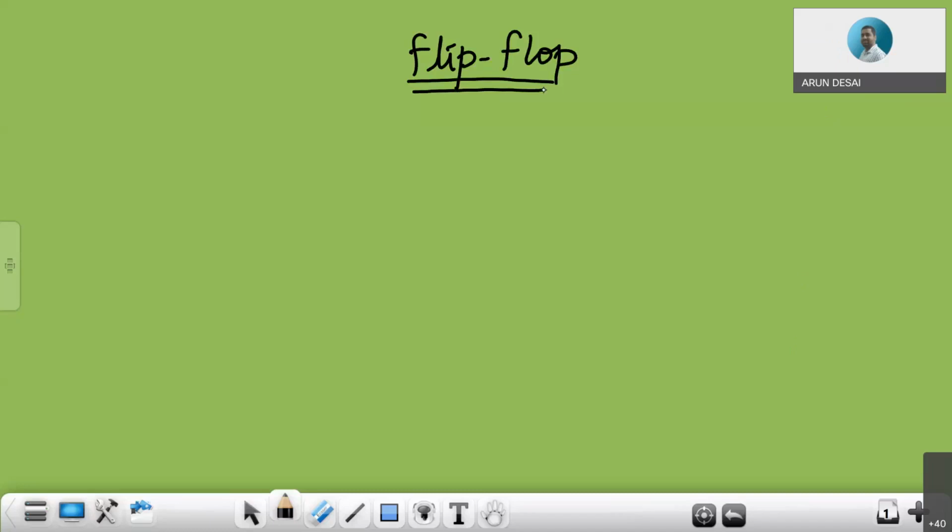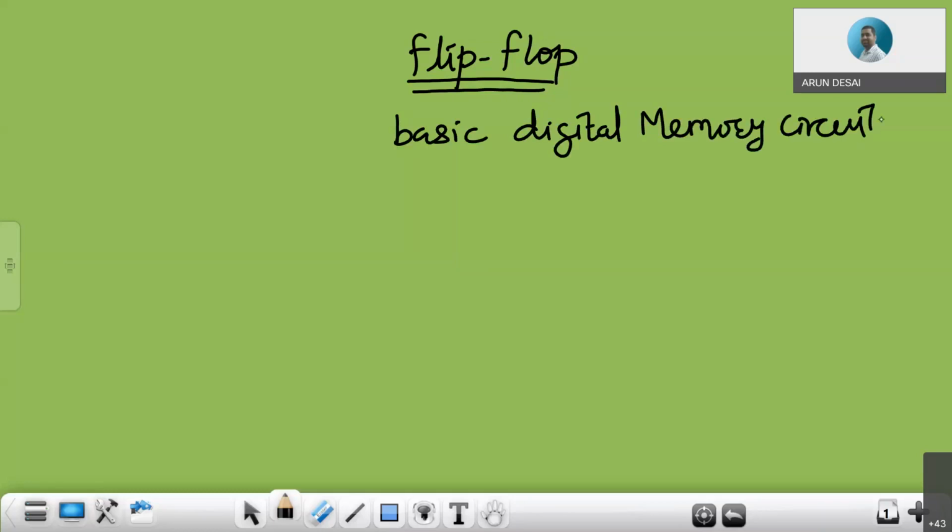Basically, flip-flop is a basic memory circuit or basic digital memory circuit. So you store the value here in flip-flop, right? So flip-flop is a basic digital memory circuit.